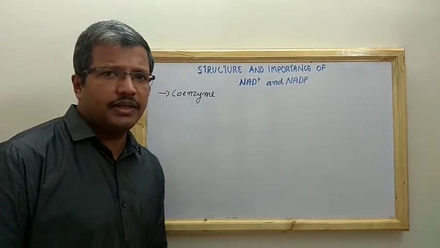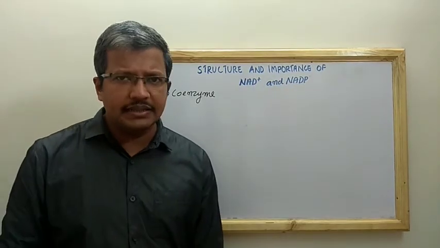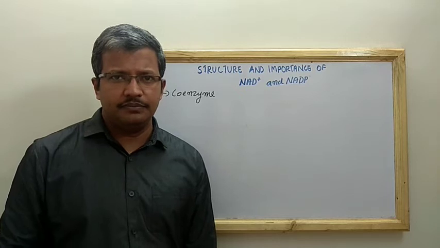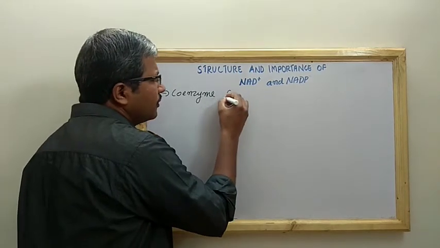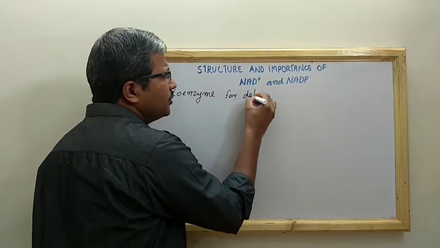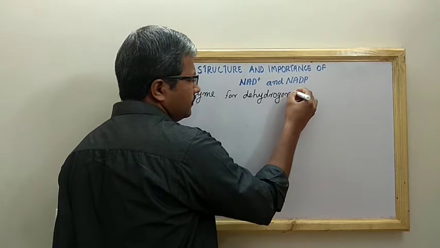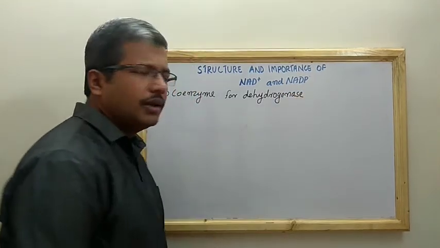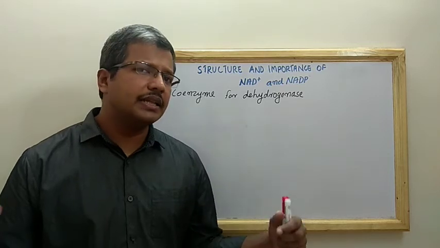Now here you can see that NAD plus and NADP act as coenzymes. For what kind of enzyme? Coenzyme for dehydrogenase. In the enzyme classification, we have learned about the oxidoreductase enzyme.